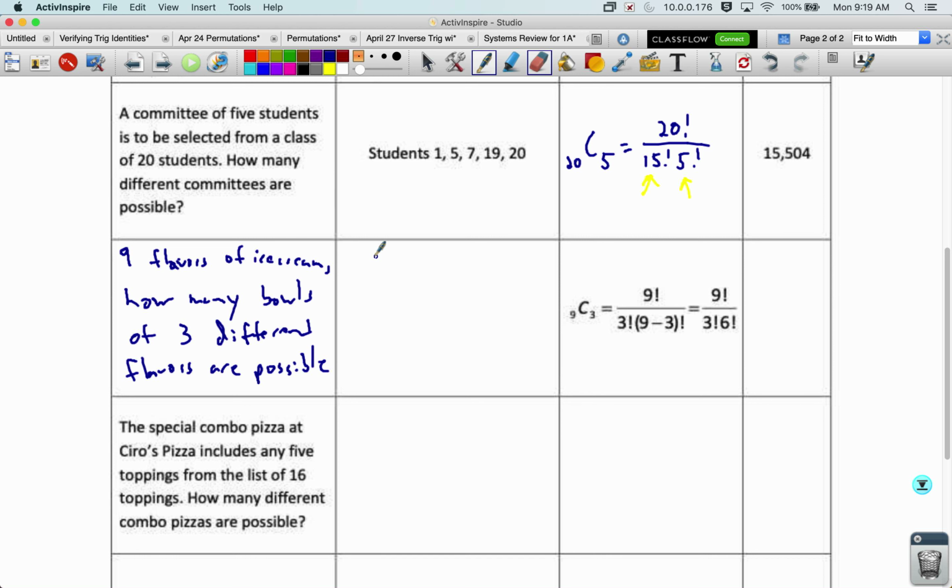So we need an example. I'm going to make it a very fruity ice cream bowl with peach flavor, strawberry flavor, and vanilla, which is a perfectly fine flavor.